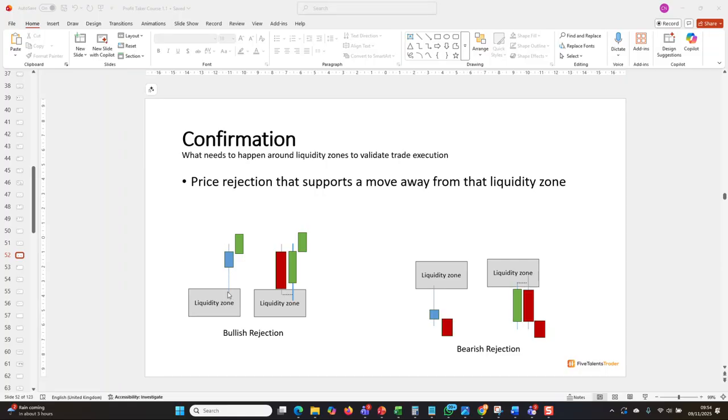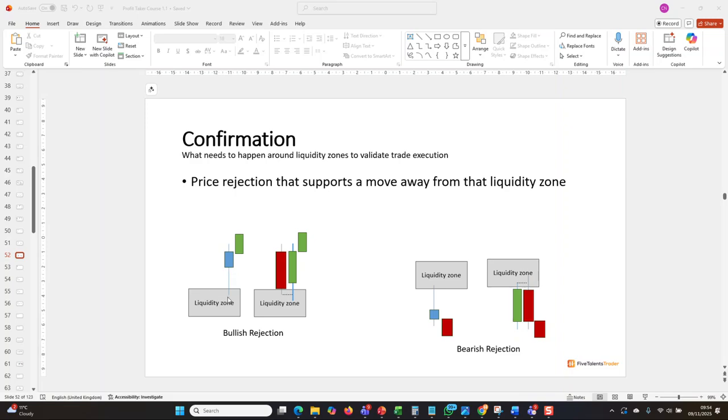So when you have the long tail coming away from that liquidity, in this case, this liquidity area is a bullish discount zone. So it's an area of unfilled buy orders. You can see that price tapped into it, took some of that buy order, and then pushed all the way back with its rejection, right? On that time frame you're looking at.